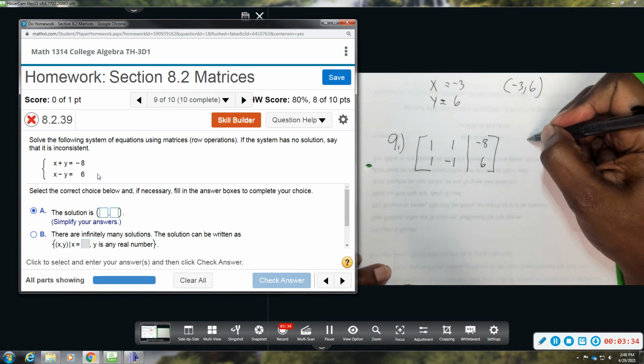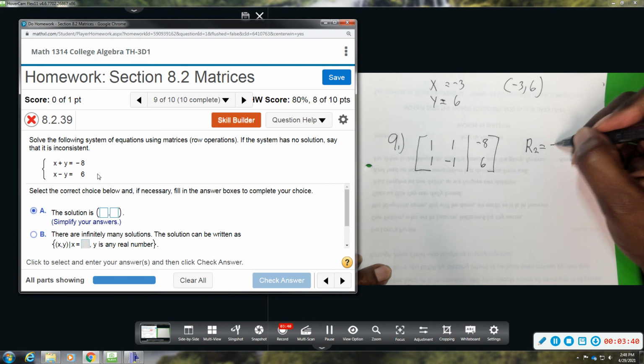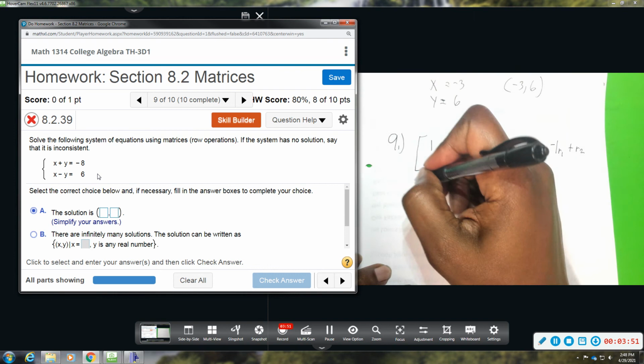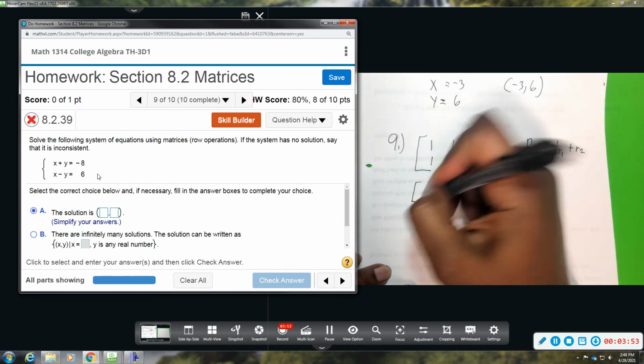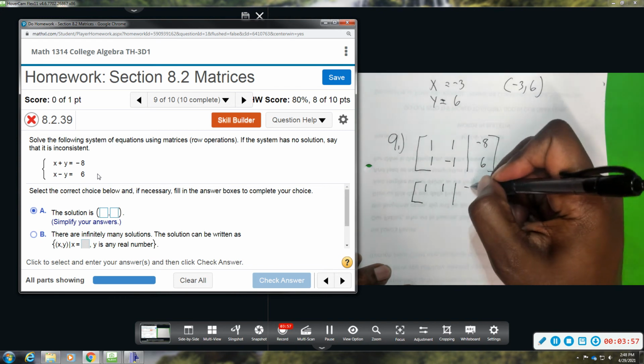So the first operation, we're going to do row 2. I'm going to change that up. It equals -1 times row 1 plus row 2. Okay, so that's my first thing. So when I do that, row 1 is not going to change, so it's still going to be 1, 1, -8.